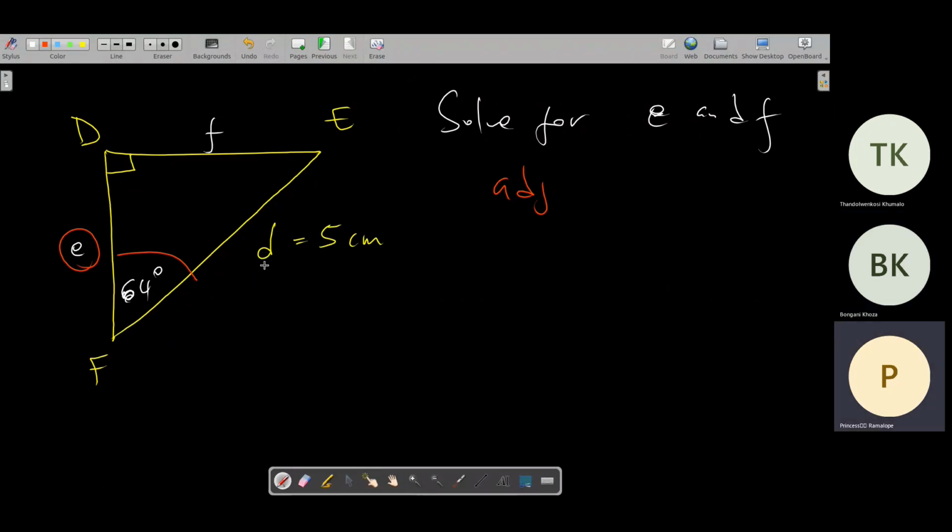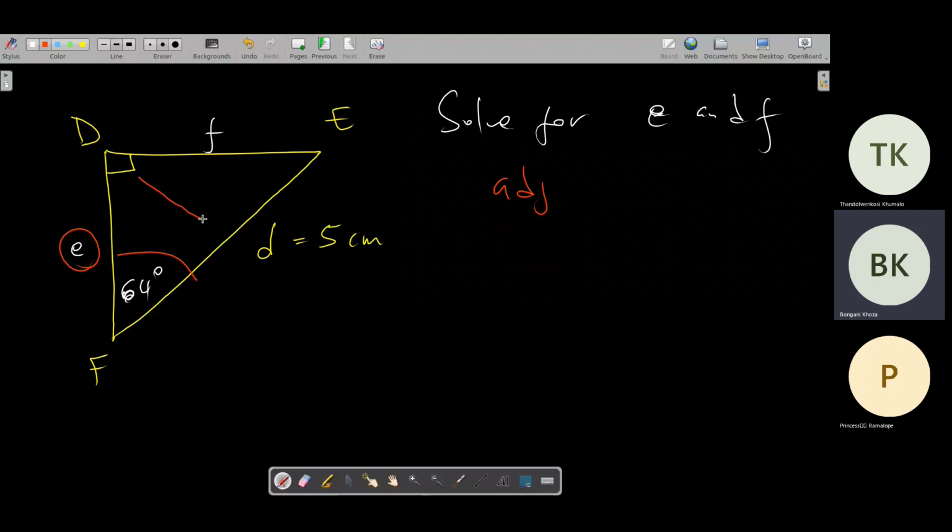It's the hypotenuse, because it's opposite the 90-degree angle over there. So these are the sides I'm dealing with. I need something adjacent and something hypotenuse. Which ratio is that?